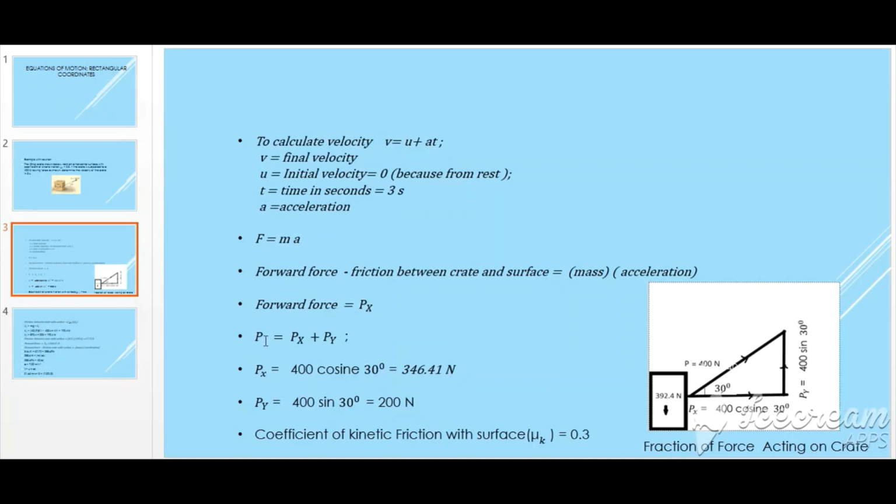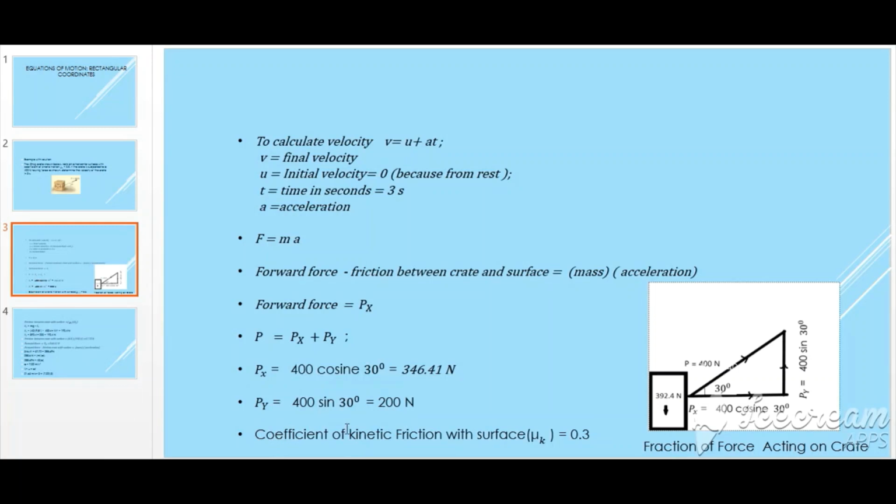Here is the vector of this force. So this forward force is 400 cosine of 30 degrees, which is 346.41 Newton. Okay, and we come back to this Py next.